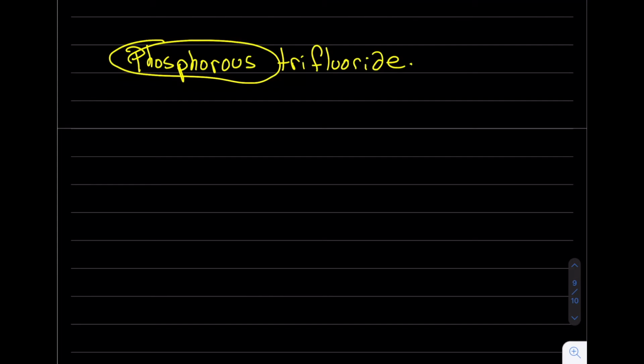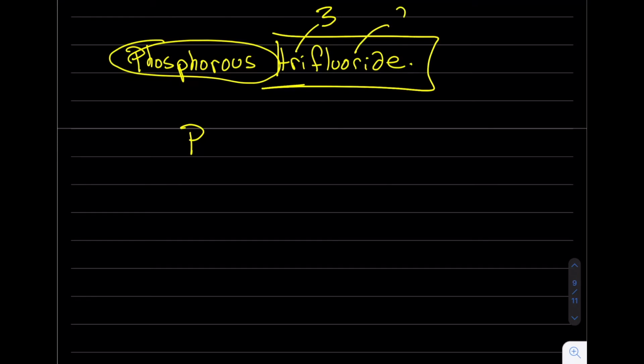And the symbol for phosphorus is P. All right, now trifluoride. Tri means three, so we know there's three of something. Fluoride. There's no fluoride on the periodic table, but remember we changed the ending. This is actually fluorine. We know what fluorine is. Fluorine is F, and there are three of them. So phosphorus trifluoride is PF3.